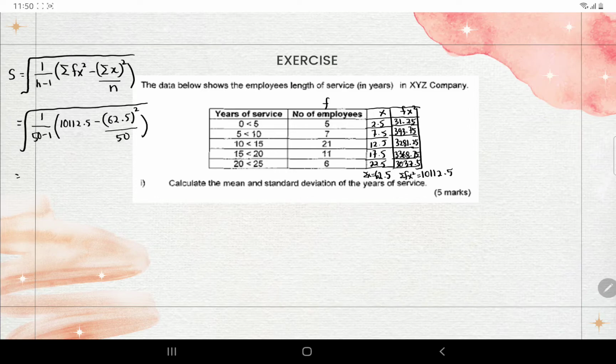Please check your answer with me. My answer for the standard deviation is 14.31. Compare your answer with mine.